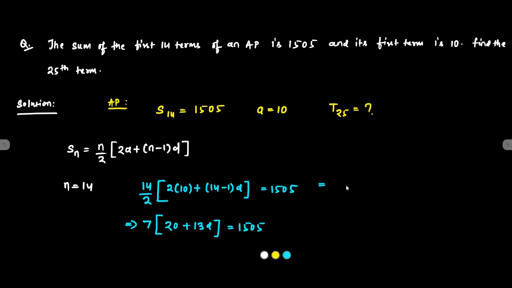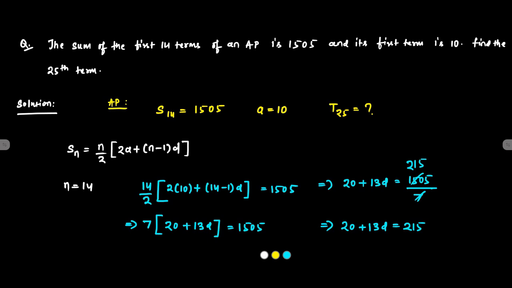That implies 20 plus 13d is equal to 1505 by 7. So 7 into 2 is 14, remaining 1, so 1, 10 minus 7 is 3, so 5. Okay, so we have 20 plus 13d is equal to 215.